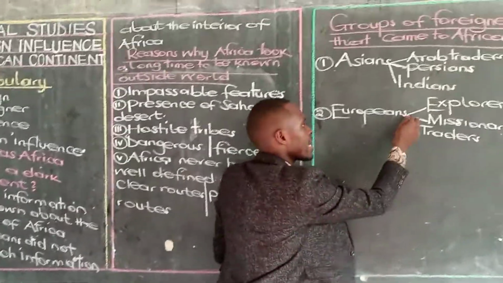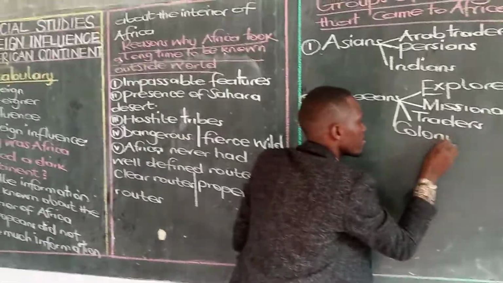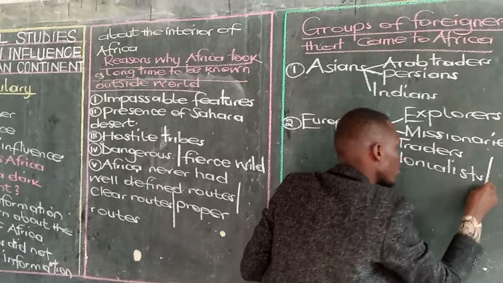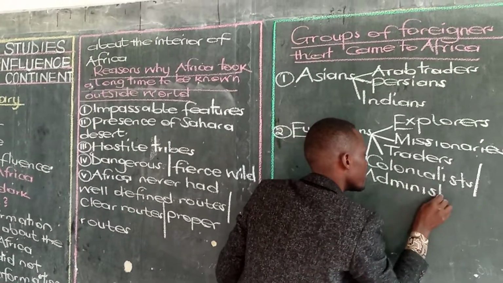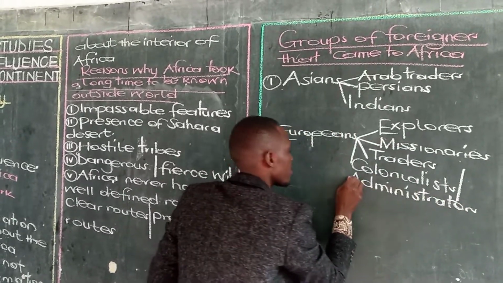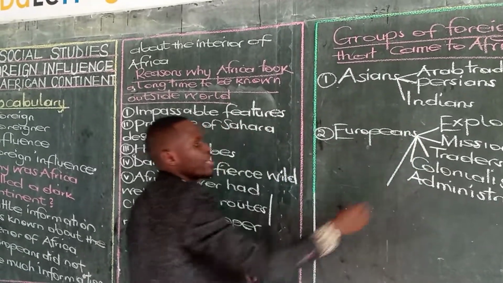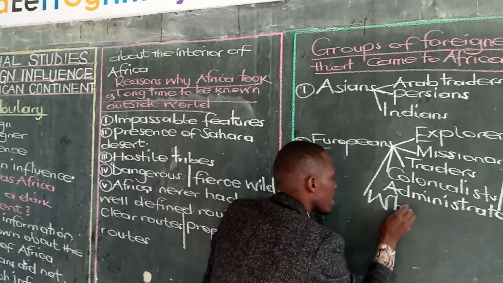We also had another group, and those were colonialists. You can call them administrators. And then the very last group of Europeans to Africa were the settlers. Call them white settlers.